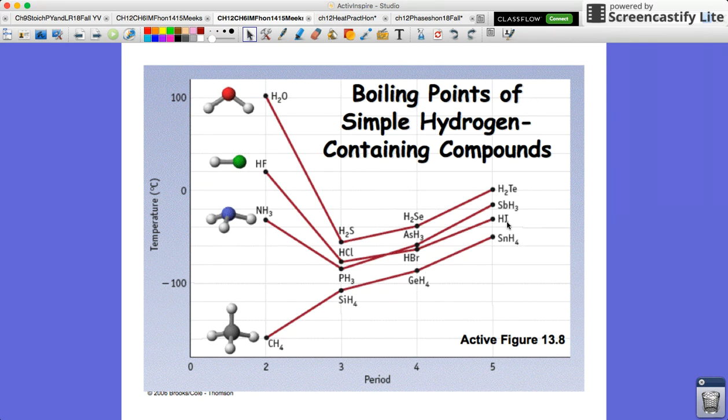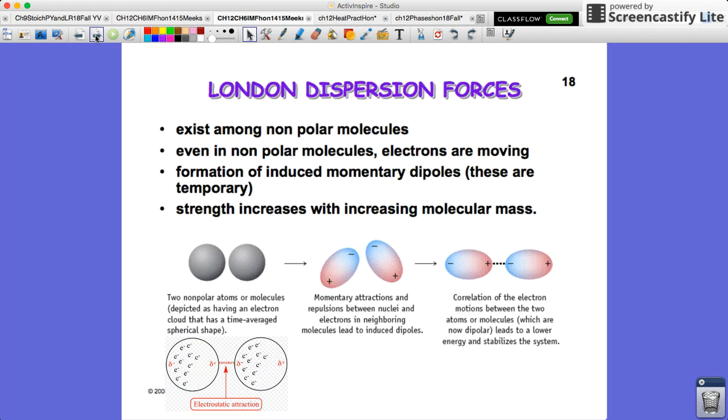So something's happening here. And what's contributing to this increase, when you would expect that it just becomes less polar as you go this way and would go down? Well, that would be London dispersion forces. London dispersion forces are very temporary, instantaneous dipoles that just result from a temporary lopsidedness of the electron clouds within the atom.